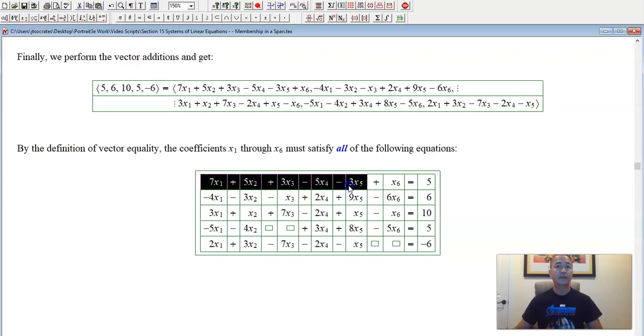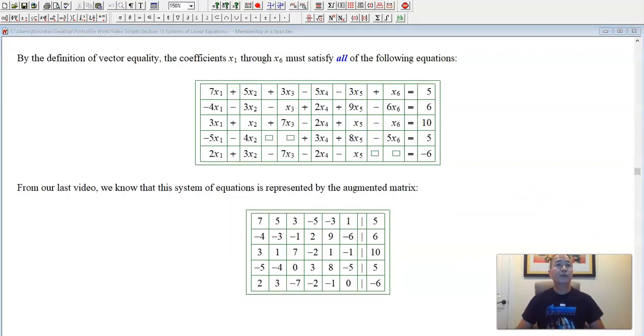So here we get the first equation in a system of linear equations. There are 5 components on each side of this vector equation, so we get a total of 5 equations, and we have 6 variables, x1 through x6, we want to solve for all of them.